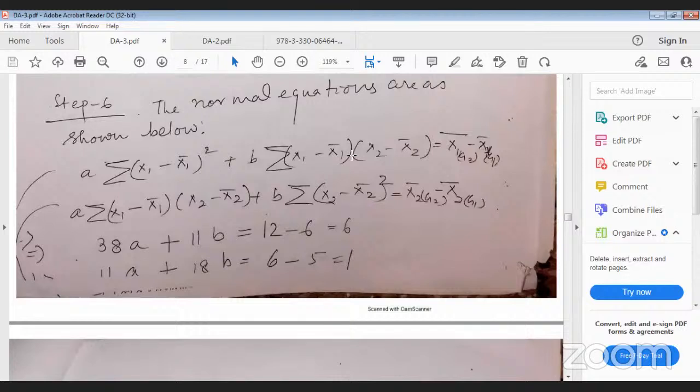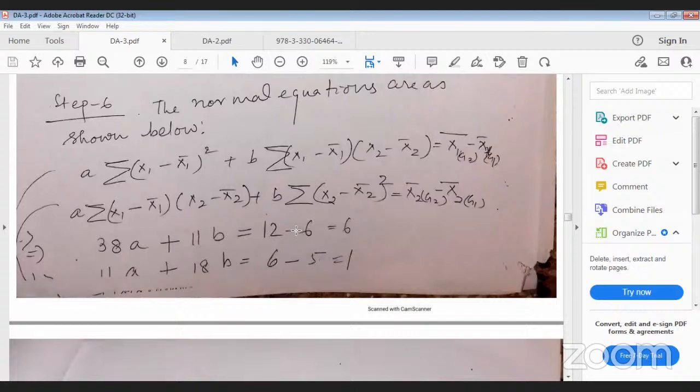This is the formula: a summation (x1 minus x1 bar) whole square plus b summation (x1 minus x1 bar)(x2 minus x2 bar), equals x1 bar g2 minus x1 bar g1. Similarly, the second equation is like this. The data we already have: 38, 11, 18, and this is 12 minus 6, 6 minus 5.